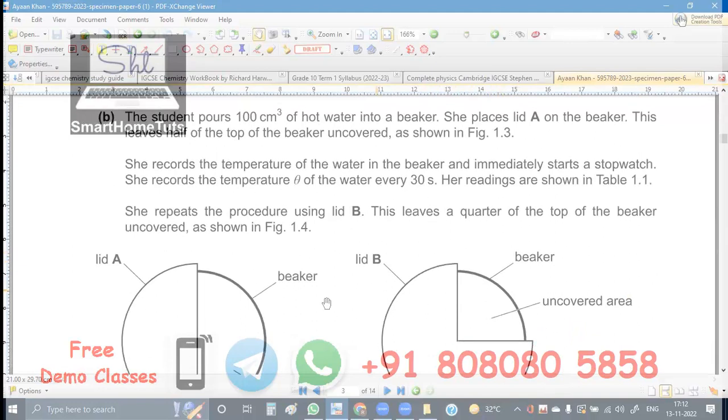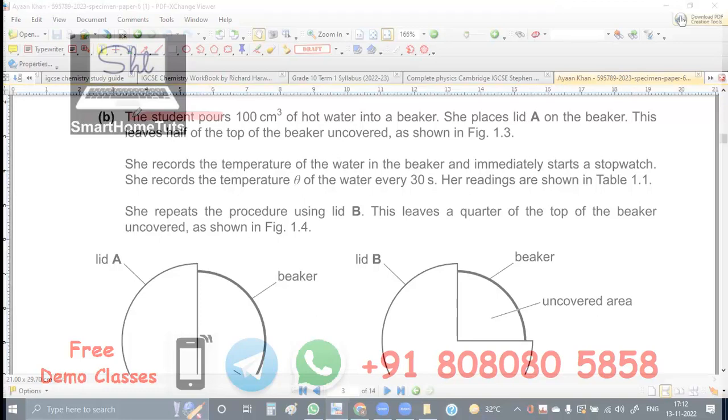Let's read the next part of the question. The student pours 100 cm cube of water into the beaker. She places lid A on the beaker. This leaves half of the top of the beaker uncovered, as shown in figure 1.3.